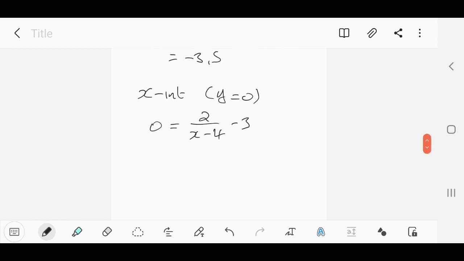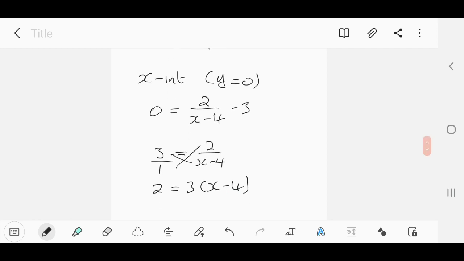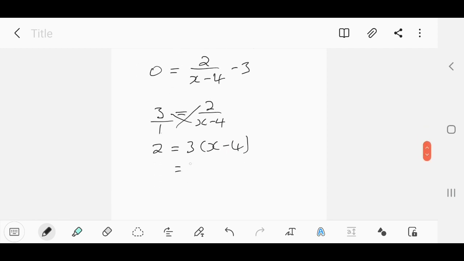So I'm going to take 3 to the other side. It's going to be 3 and 2 over x minus 4. I can make this over 1 so that I can cross multiply. 1 times 2 is 2, and then this times this is going to be 3 times x minus 4. Then it's simple to multiply out that bracket.